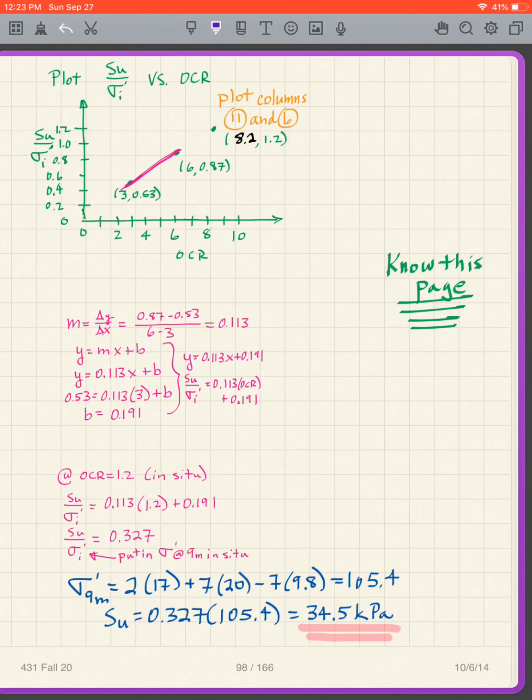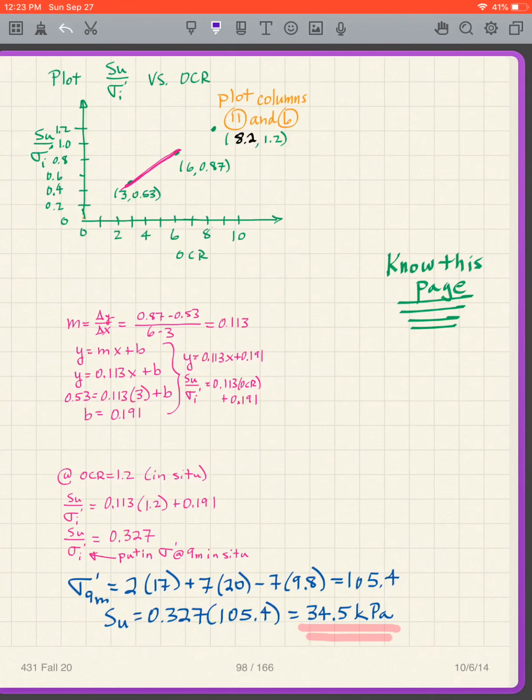And then what do I want? If I get my sigma prime I at 9 meters in situ, then I can get my SU. Look at the soil profile. You can get that. That is my sigma prime I in situ. For the soil profile, I get the sigma prime I in situ, which is 105.4.